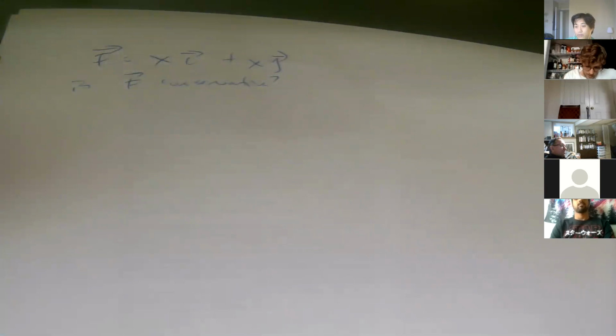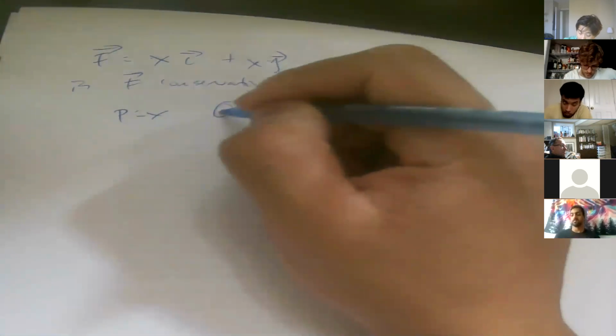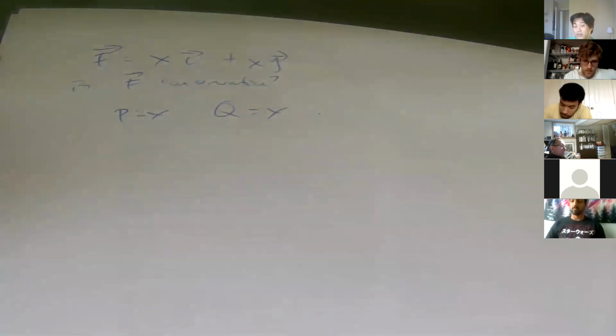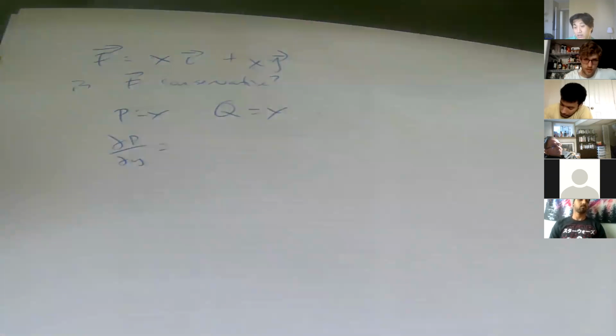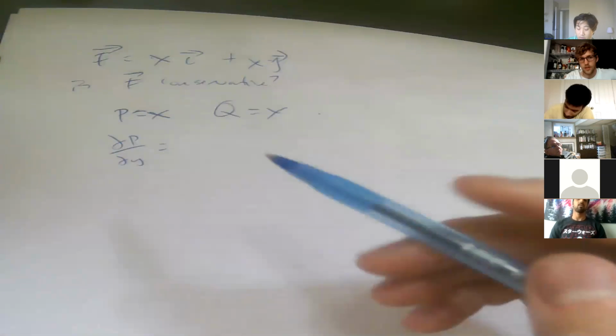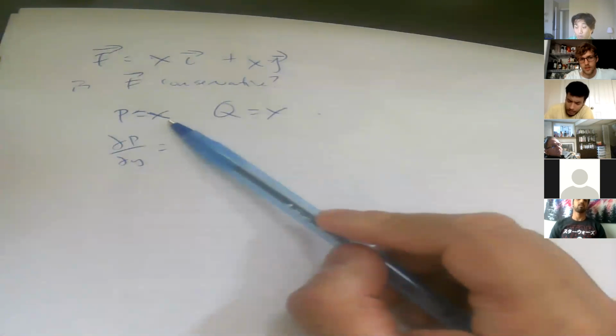If we treat x as p, so p is equal to x and q is equal to x, then dp/dy is, what's the derivative of this with respect to y?